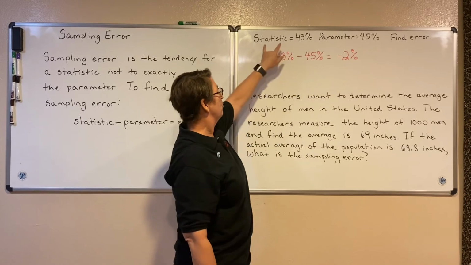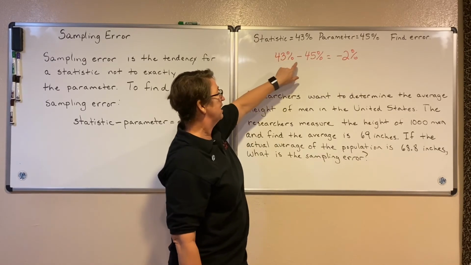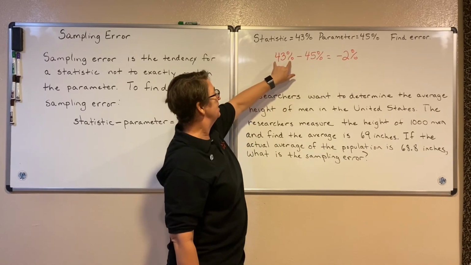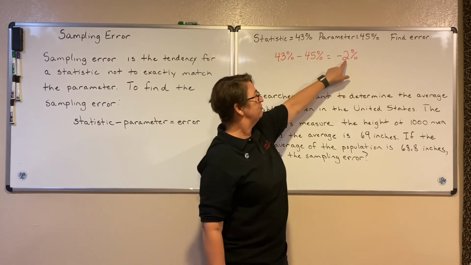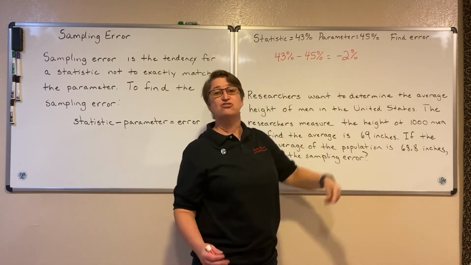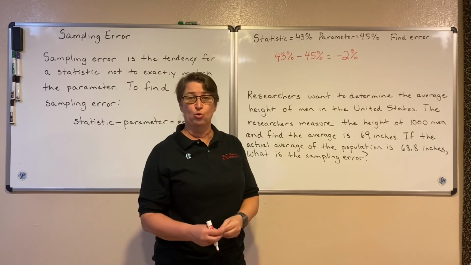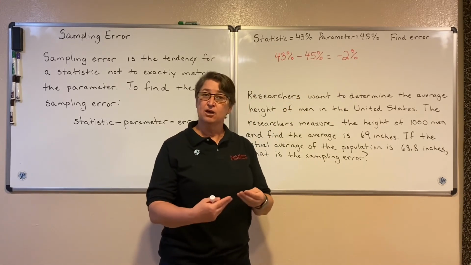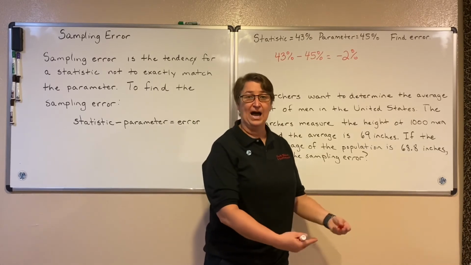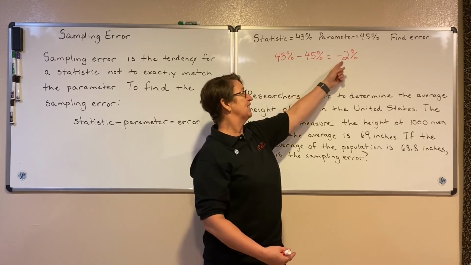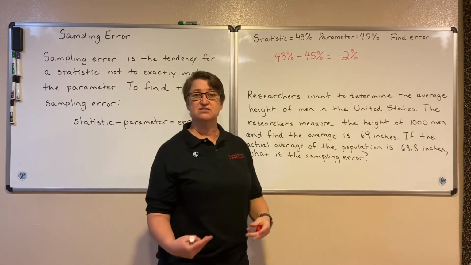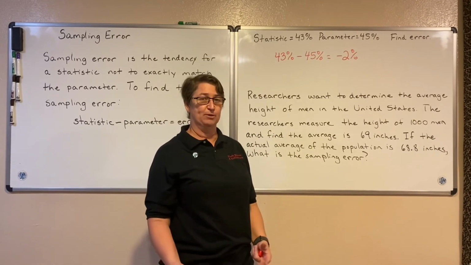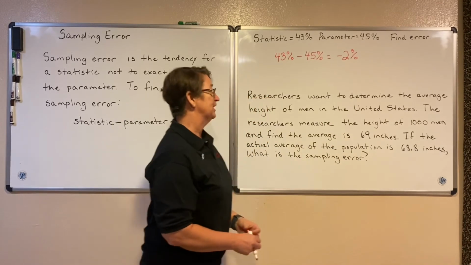And it's really important that we put our statistic first and then the parameter so that we can see this -2 tells me that my statistic was too low. If it had been a +2, then I would know that my statistic was too high. But in this case, it's a -2 to let me know that my statistic's a little bit lower than the actual population. So there's my sampling error.